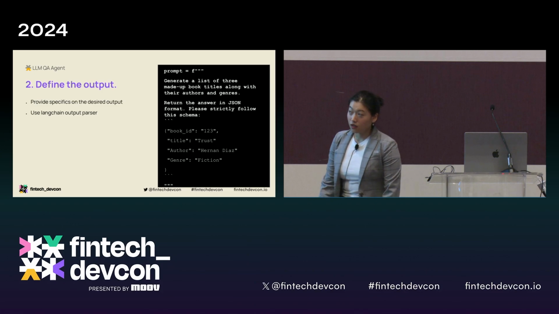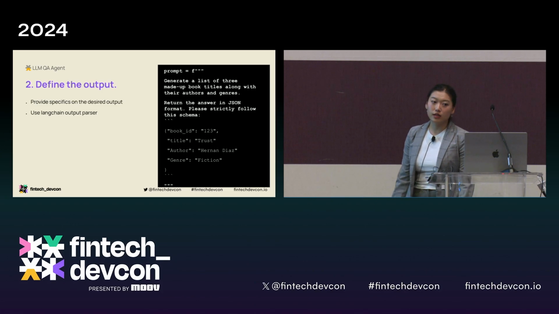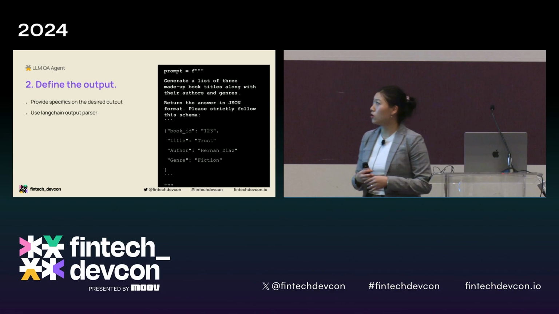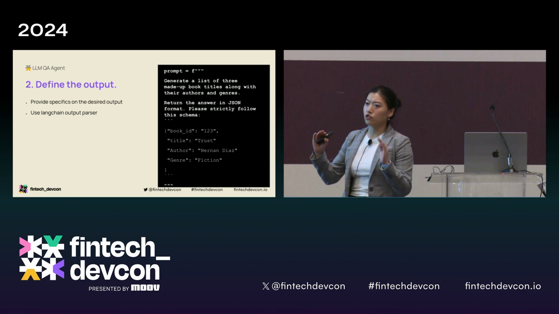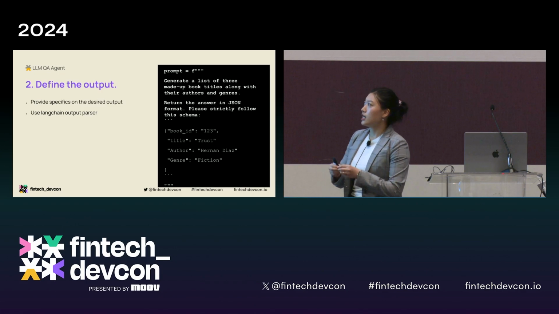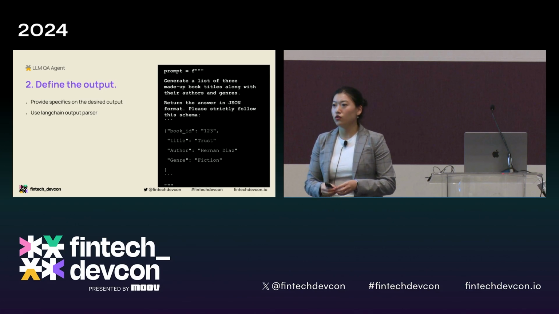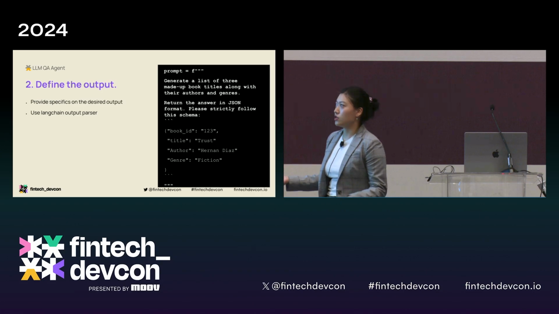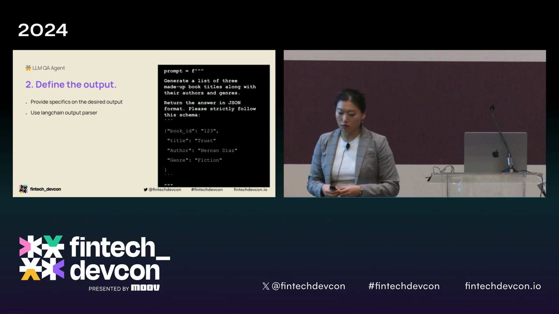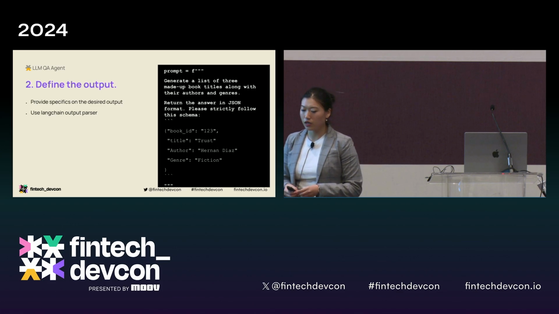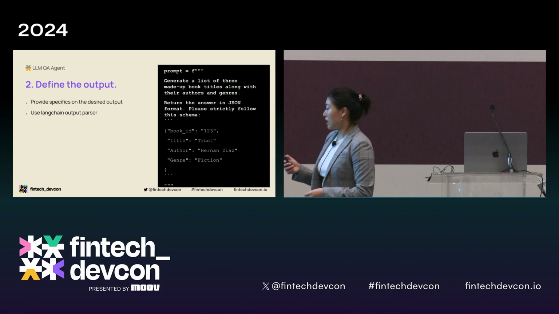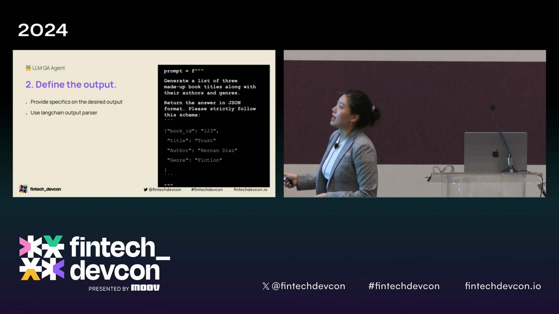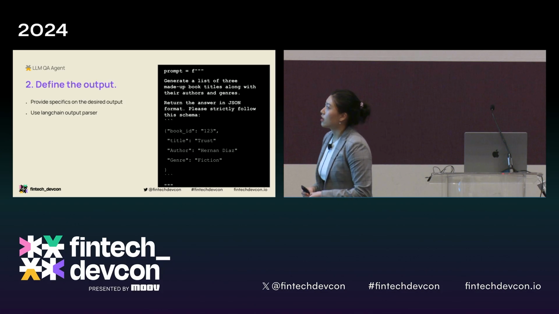Cool. All right, the second part, define the output. For the output, it's the same thing. Let's just specify the output format in the prompt, and then you can use the output parser. Here we use the LangChain output parser so that we don't have to worry about converting the string to JSON. This is an example of asking for a desired output.